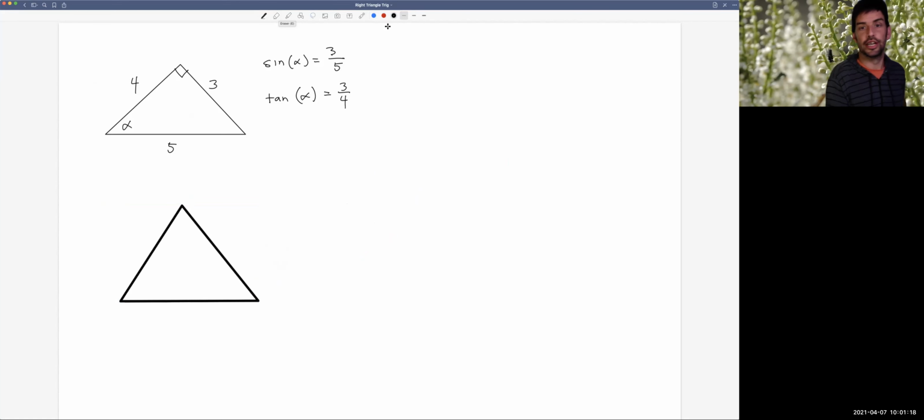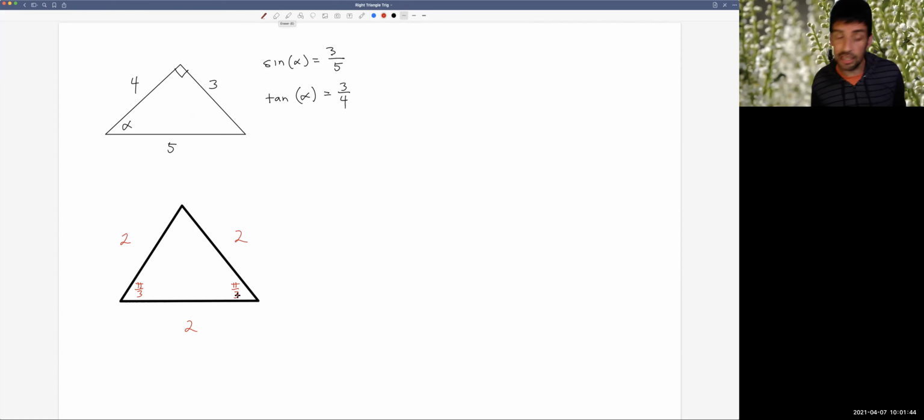We've got more or less an equilateral triangle. What does that mean? It means all the sides are the same length. Let's make them all side length 2. It also means that the angles are all the same. Remember, the angles of a triangle have to add up to pi. So if we divide that into 3 equal angles, they're each going to have a measure of pi over 3.